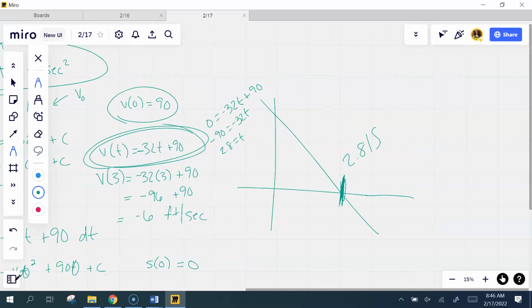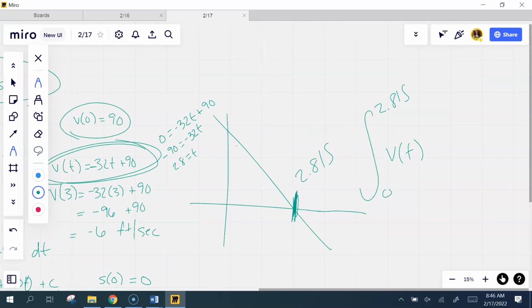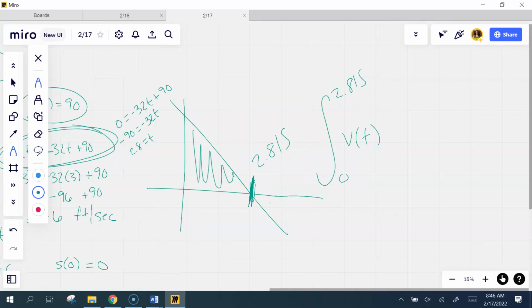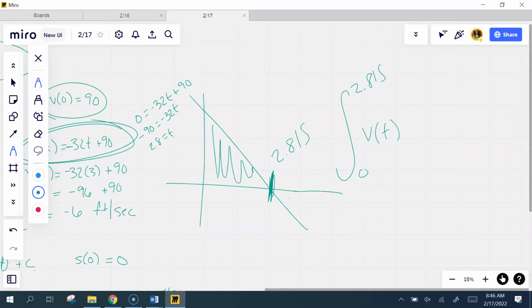So I would have to split this integral. I need the integral from 0 to that point of velocity because that's positive, right? And then I would need to come here. I'm assuming it's going to be the same thing, but I'm going to subtract this.